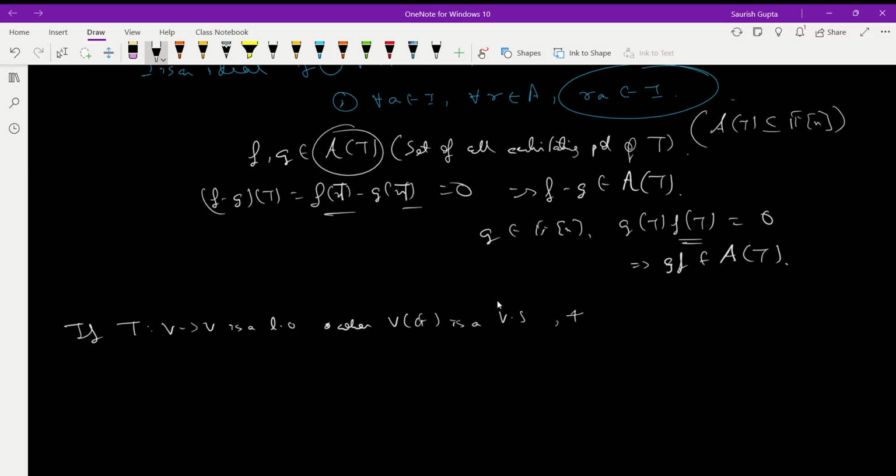To be precise of that fact, we first consider the following question. If T from V to V is a linear operator, where V is a vector space over F, is there any finite degree polynomial p which annihilates T?